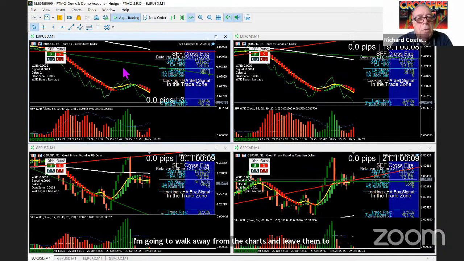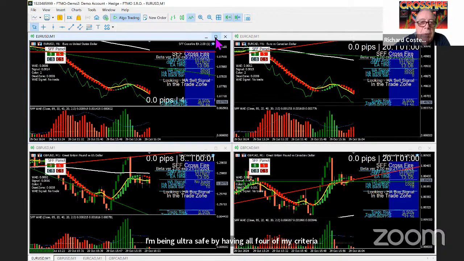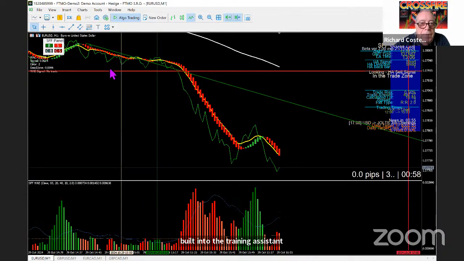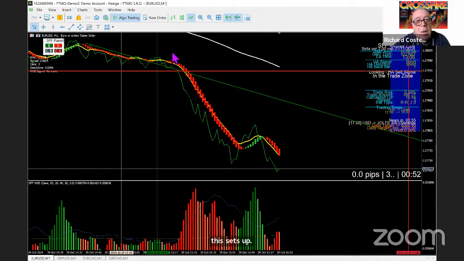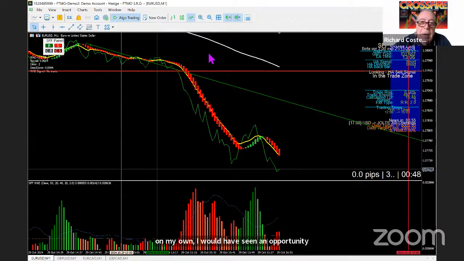So I'm being ultra safe by having all four of my criteria built into the trading assistant. But Gary's just proved that with this setup, had I been looking at this chart on my own, I would have seen an opportunity arising, even though we haven't had a recent MA crossover.